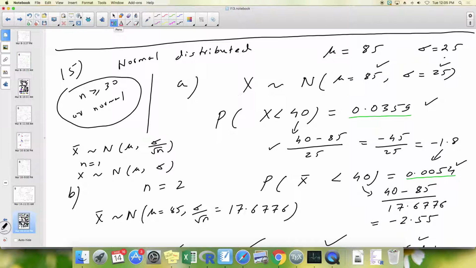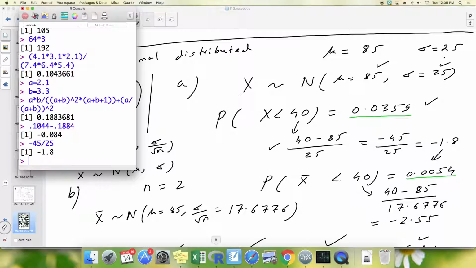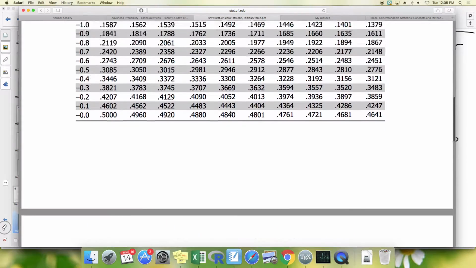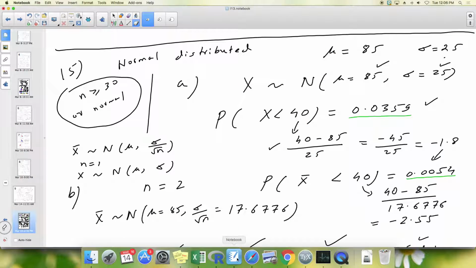Go to the z-table and find this probability, which is 0.0359. And 0.0359 is the correct answer.